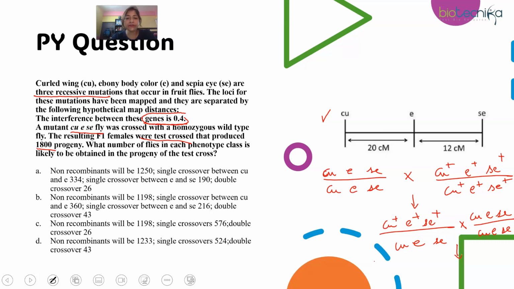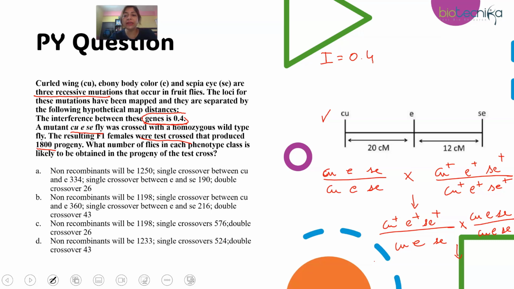Now what information is given to us? It says that interference is equal to 0.4. Now what is interference? Interference helps us to estimate what percentage of the expected double crossovers are not happening.